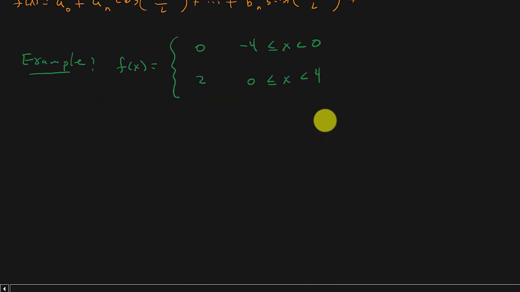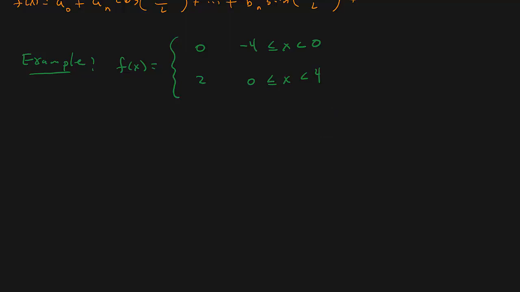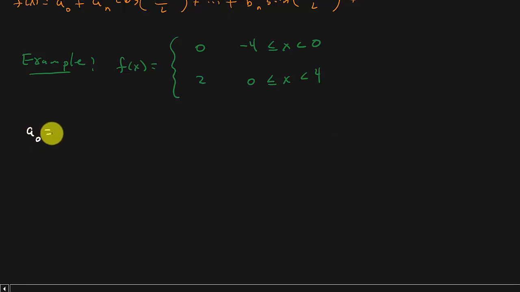Okay. All right. So let's look at, is that the problem I wanted? Hang on, let me see. Yep, that's the one we're doing. All right. So working this one, we've got a naught equals 1 over, now in this case, do you see that L is 4? Okay, negative L to L. So that's 1 over 2 times 4. And we've got to split this up again.